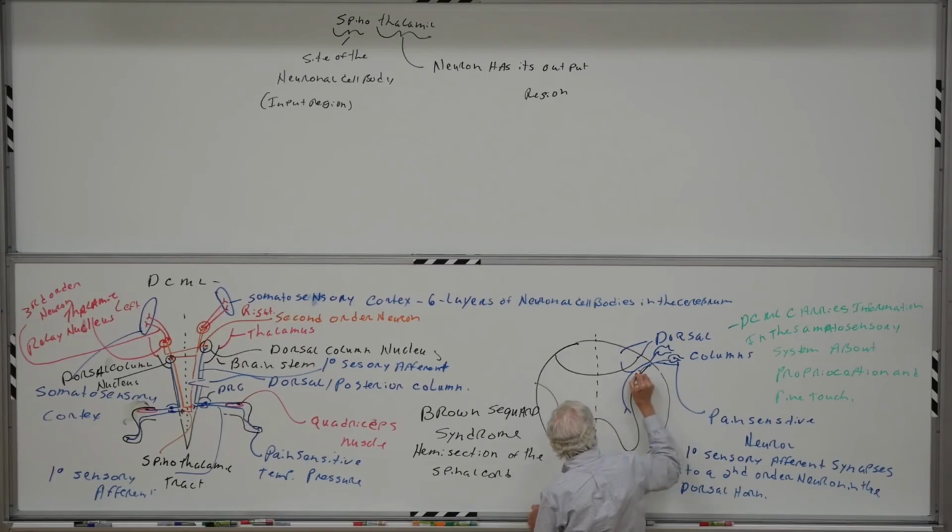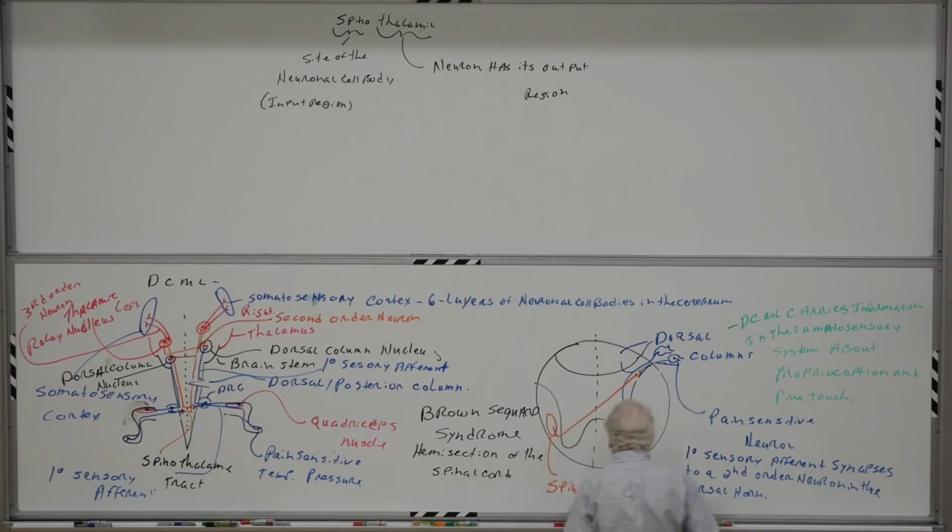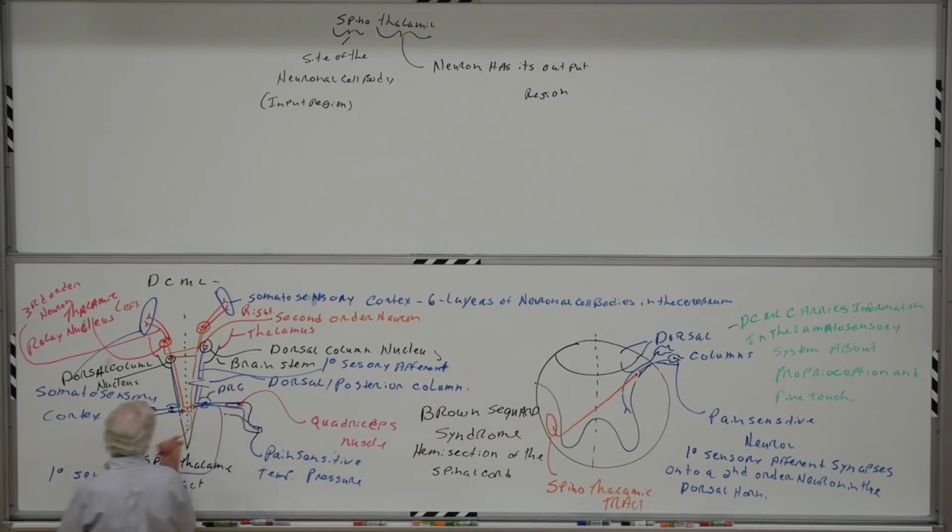The second order neuron then sends a process all the way across the gray matter and enters this region in here, known as the spinothalamic tract. So that the spinothalamic tract now is carrying information on the opposite side. It's because now this neuron's crossed over. Primary sensory afferent synapses on the second order neuron, it crosses over, then it ascends in the spinothalamic tract here.